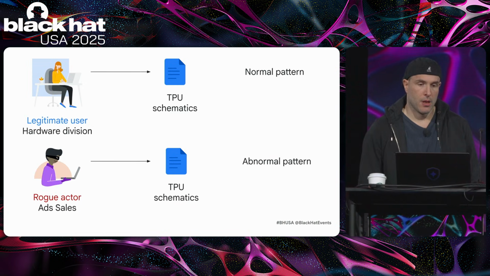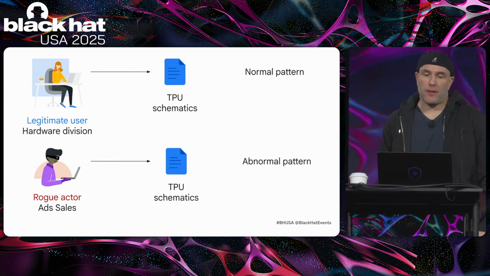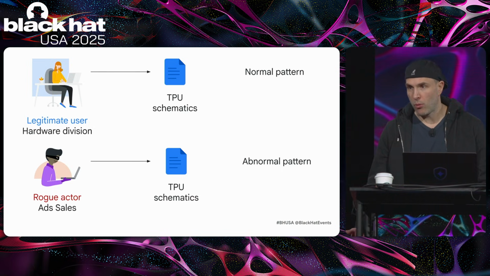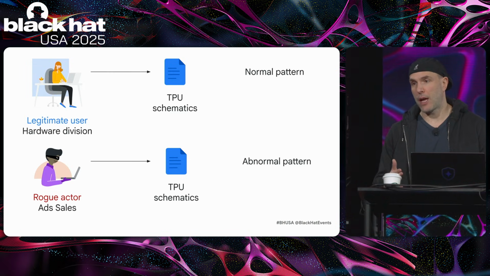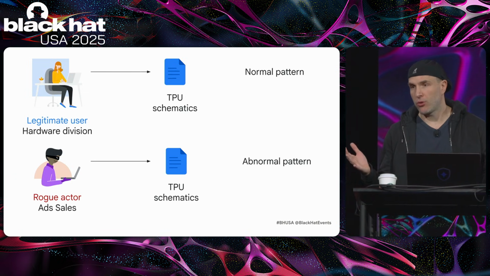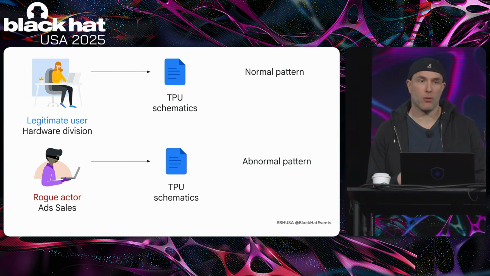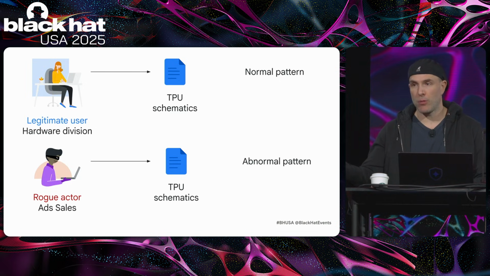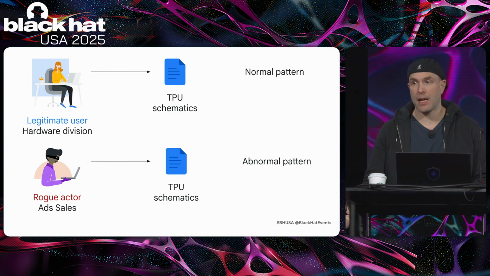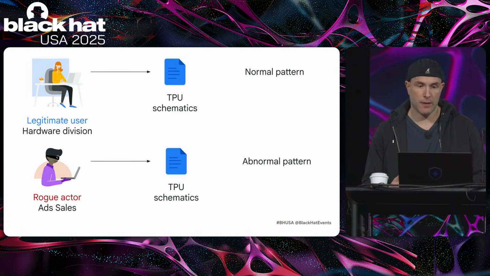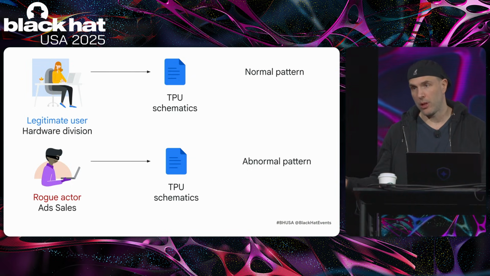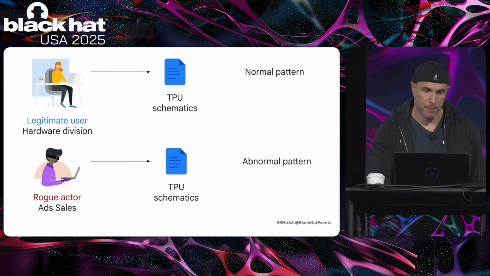Now, if we have a rogue actor, who let's say works in ad sales, and starts to access a TPU schematic, that is extremely suspicious. Why would an ad sales person access a TPU schematic for a business reason? Of course, this is a very contrived and extreme example, but it highlights that depending on what the document is and who the user is, some patterns are totally fine and some are clearly abnormal. Facade needs to predict that the second one is really abnormal and the first one is absolutely normal. And that's what we try to do with the system.